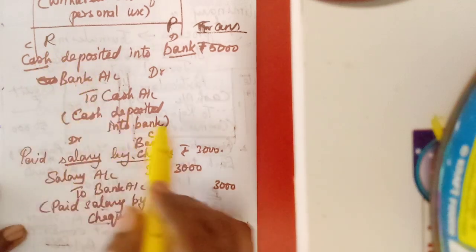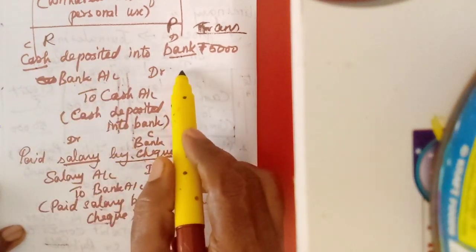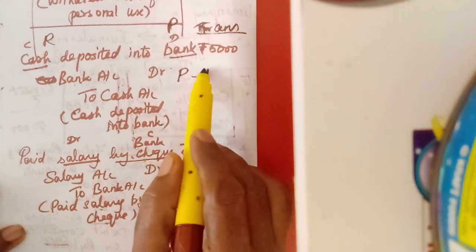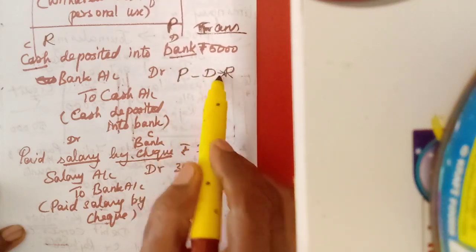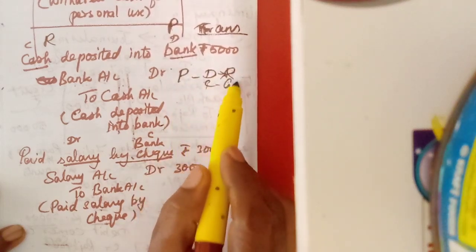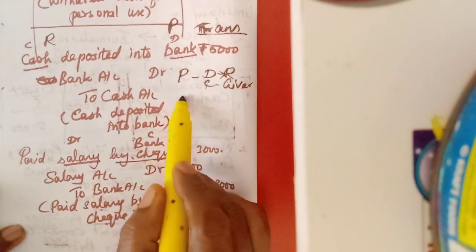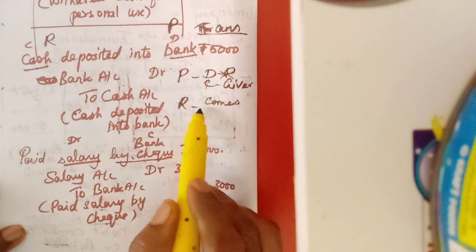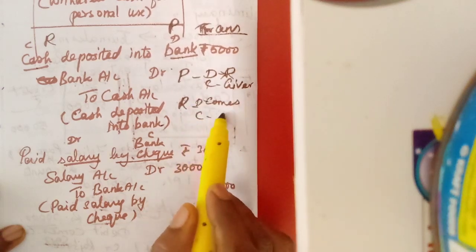These are the golden rules of accounting. For personal account, debit the receiver, credit the giver. For real account, debit what comes in, credit what goes out.